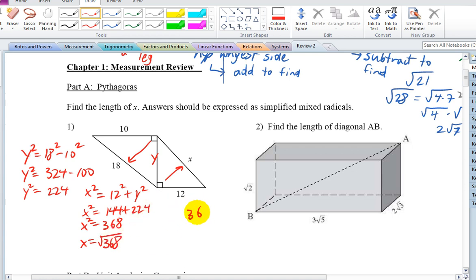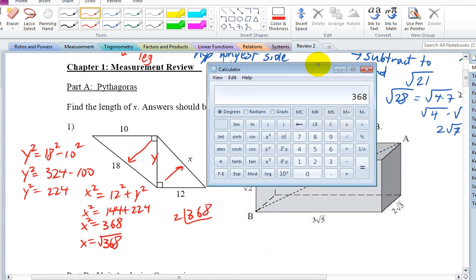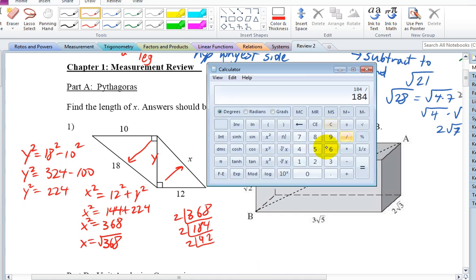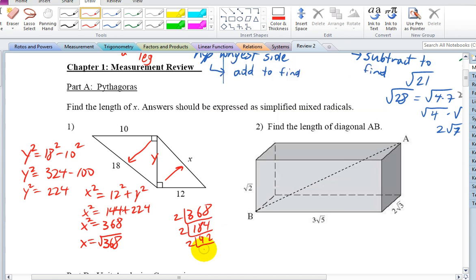So 368, hook and ladder division, divide by 2. 184, divide by 2 again, 92. They're all even, so I know I can divide by 2 and get 46. Divide by 2, I get 23.